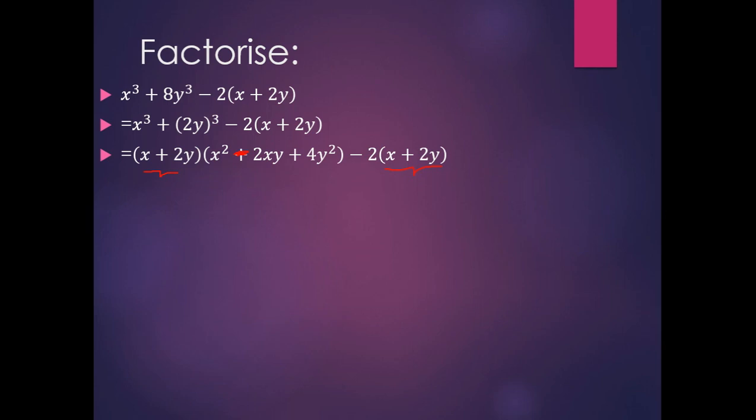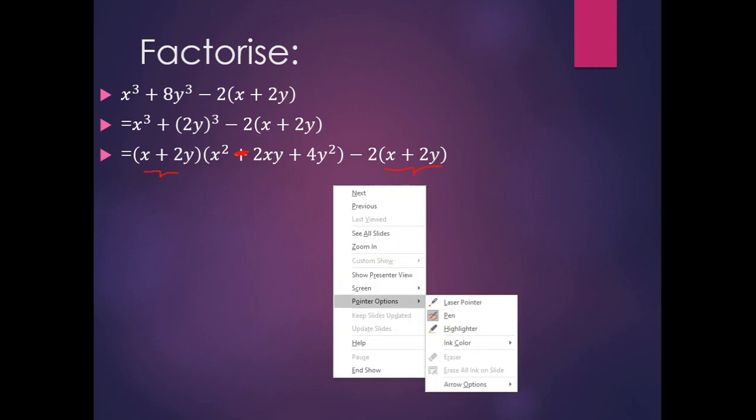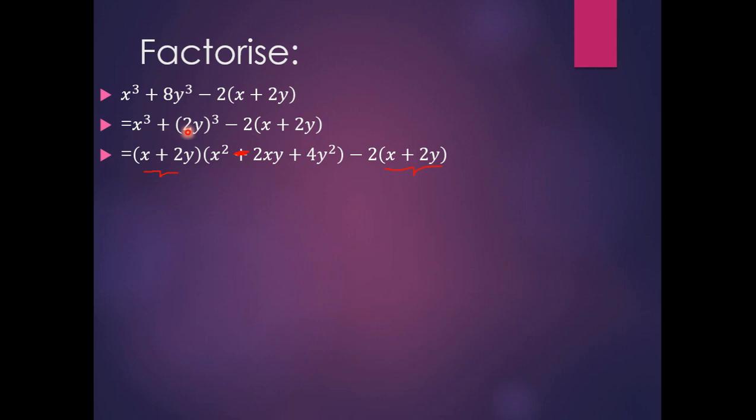Okay, so I'm continuing the question. x cube plus 8y cube minus 2 times x plus 2y, and this is x cube plus 2y whole cube we can write, and minus 2 times x plus 2y. Using the a cube plus b cube formula, a plus b, a square minus ab plus b square I have written, and this 2 times x plus 2y is as it is.